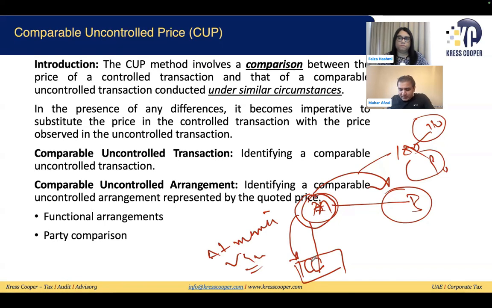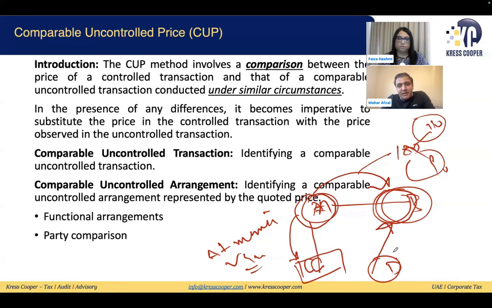At the same time, we can say party B is buying goods from the market. There is another supplier, which is D. So D is supplying goods to B, A is supplying goods to B, and A is supplying goods to C as well. So in which controlled transaction can the price be compromised?